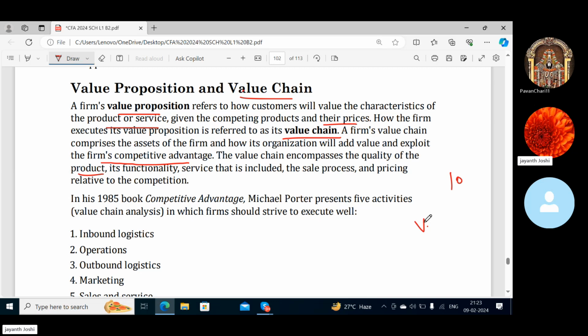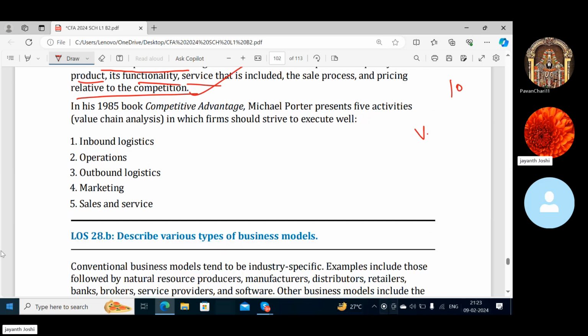Their services are very reasonable, their parts are much cheaper, so their servicing cost is cheaper, etc. They are creating value for you, right? So the value chain encompasses the quality of product, its functionality, service, that includes the sale process, and the pricing relative to the competition, as I gave an example.